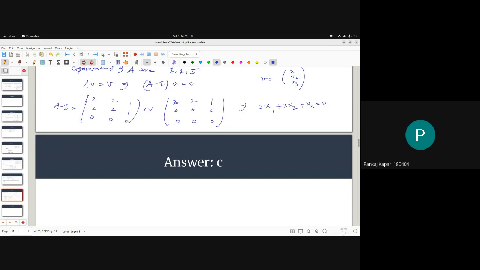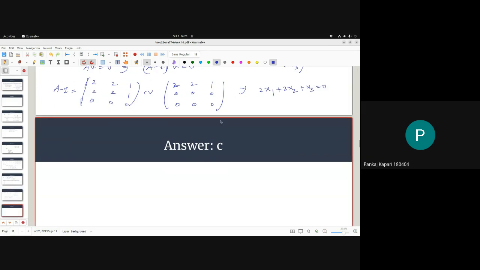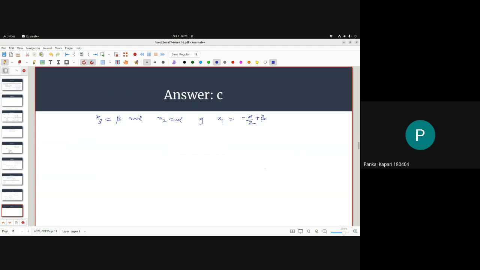Because x2 and x3 are our free variables, let's take x3 equal to beta and x2 equal to alpha. This implies that x1 must be minus alpha by 2 plus beta.